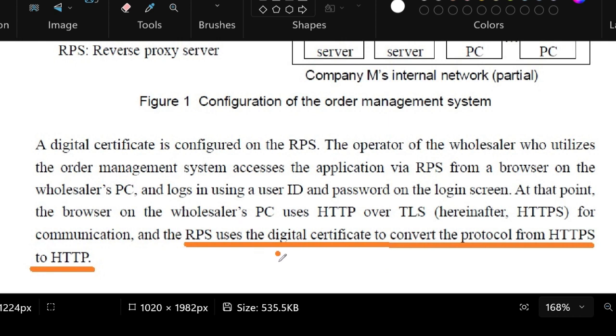So that means that after the data goes to the RPS, it will be converted from HTTPS to HTTP. So afterwards, it doesn't have the added security protection anymore.